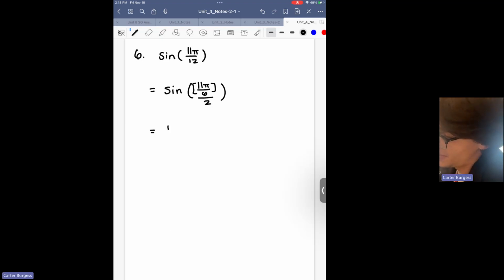Sine, this is going to be plus or minus the square root of 1 minus cosine of 11 pi over 6, all divided by 2. What is cosine of 11 pi over 6?